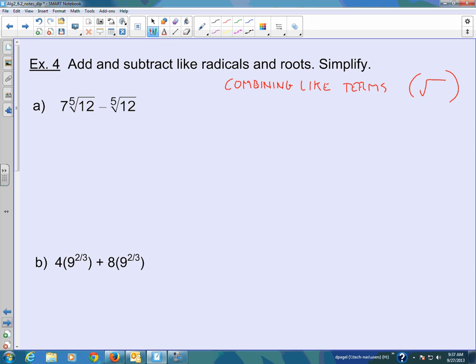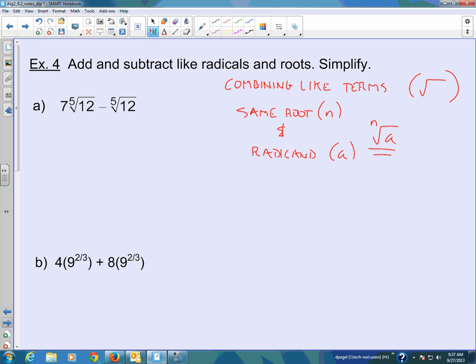So we're looking for the same radical. It's got to be the same root and the same radicand. So they all have to look the same.